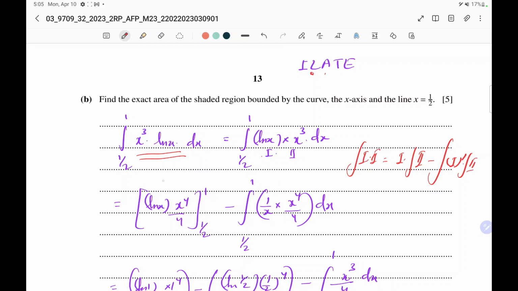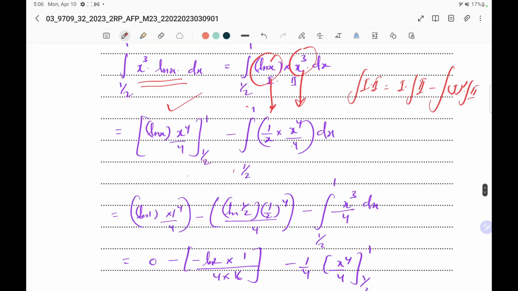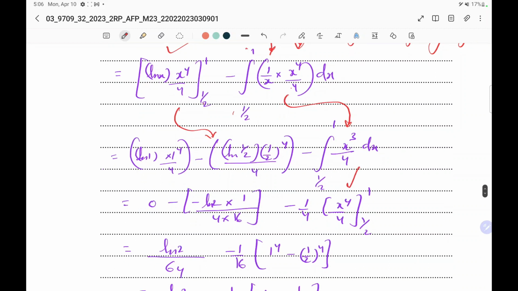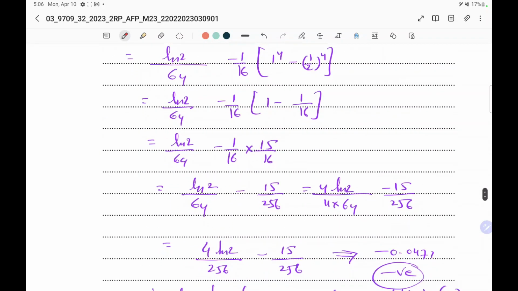So similarly, first I kept as it is, x cube integration x to the power 4 over 4, then use the limit half to 1, then minus big integration half to 1, x differentiation 1 over x, and x cube integration x to the power 4 over 4. Now in this case I have used the limit, and in this case, first of all, x cube over 4 I will get. Now again we have to integrate, and ultimately we have to use all the limits properly.